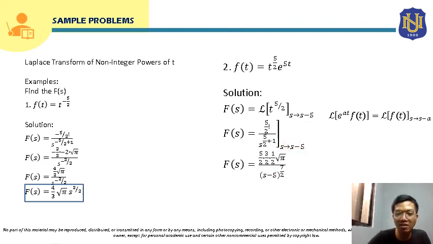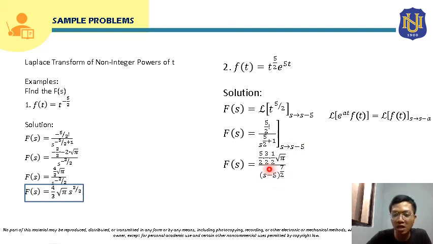Simplifying this, as we know, 5 halves factorial, if we use our shortcut for that, is just 5 halves times 3 halves times 1 half times square root of pi. Over, we simplify the denominator here, and we know that 5 halves plus 1 is 7 halves. We replace variable s with s minus 5.